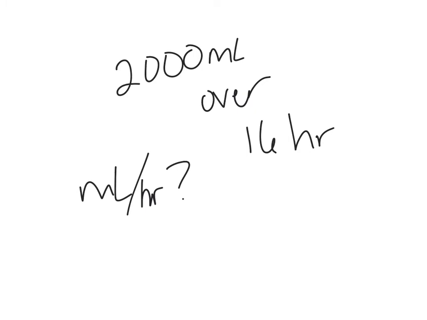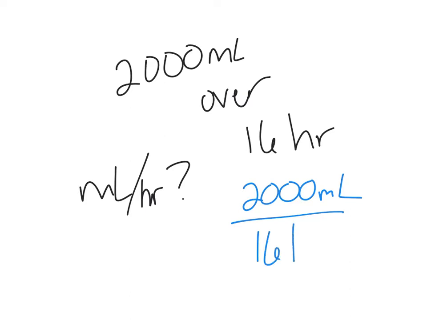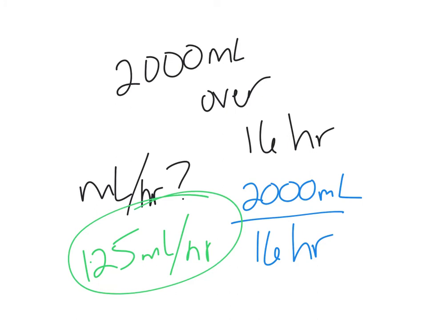All I'm going to have to do is take that 2,000 milliliters and divide that by 16 hours. Again, we have them both in the correct units that I need them to be in. I don't have to convert anything. I'm just going to take 2,000 divided by 16, and that's going to give me a flow rate of about 125 milliliters per hour. That's our answer. That tells us exactly what they're going to get each hour. That's their flow rate, the rate that they are receiving this IV.